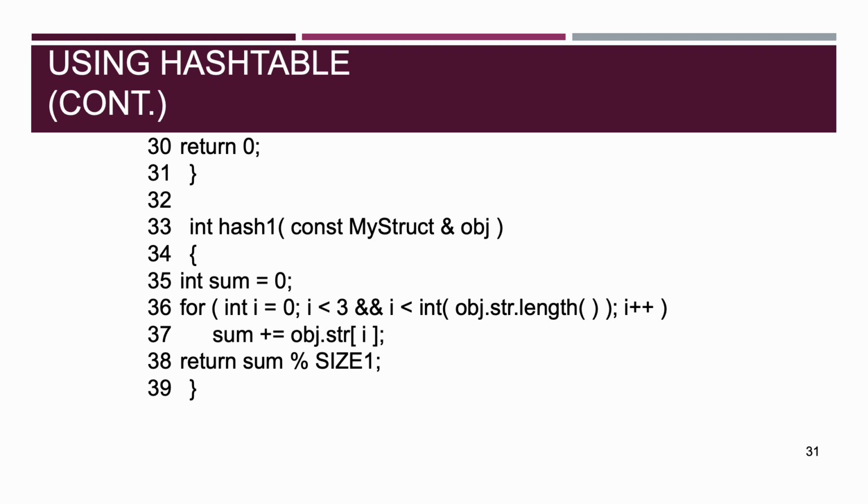So for each character, the ASCII value is added to sum. Then the hash value returns sum modulo size 1, which returns the hash value by taking the remainder of sum divided by size 1. This ensures the hash value falls within the bounds of the hash table size.